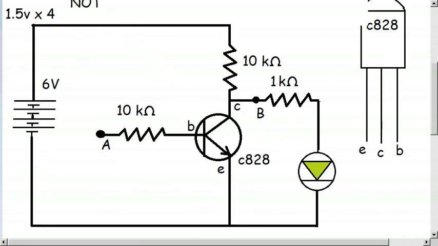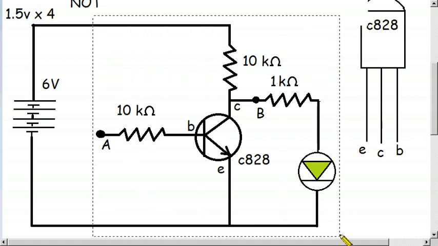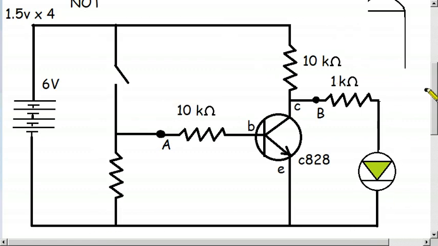You can check it using a potential divider, because you have to give voltage here. Let's take this whole thing to the right a little bit. So you have to connect a switch like this and a resistor like this.